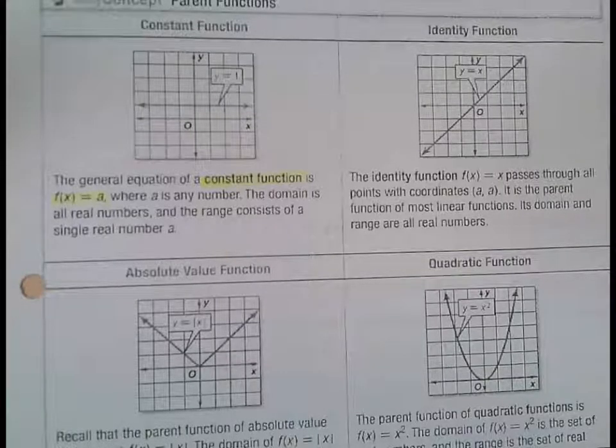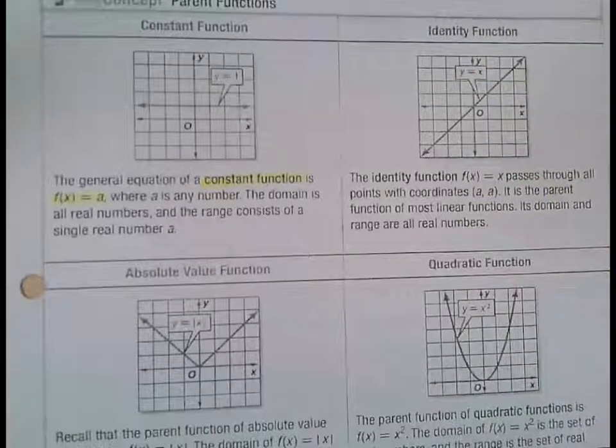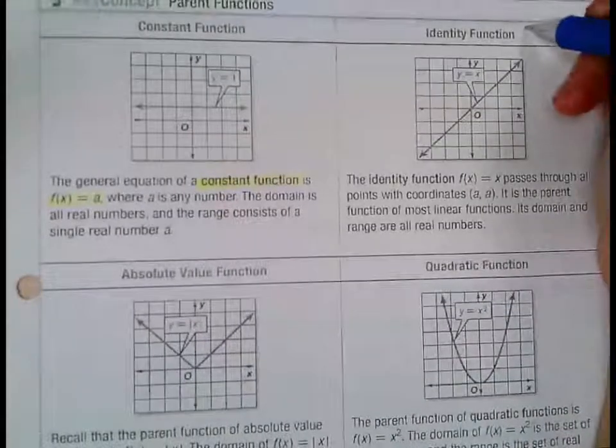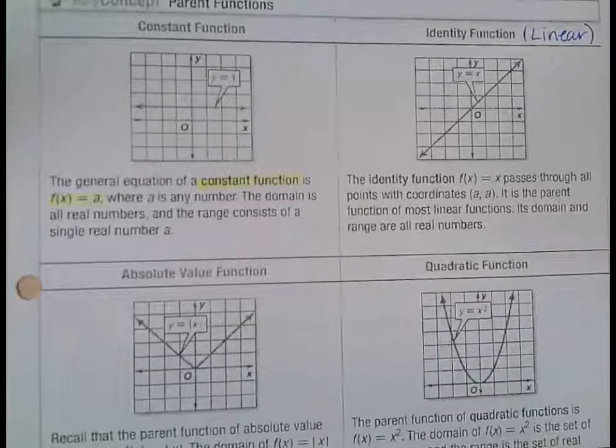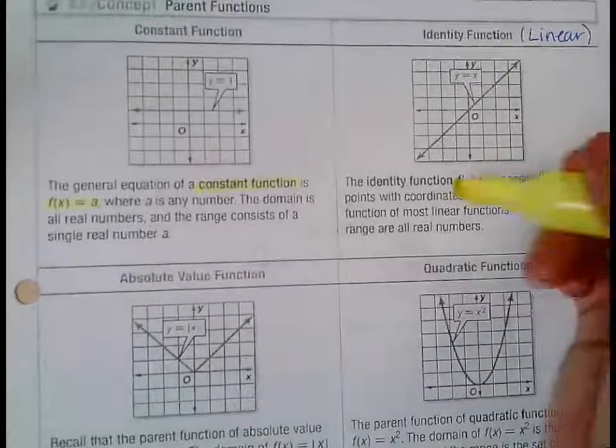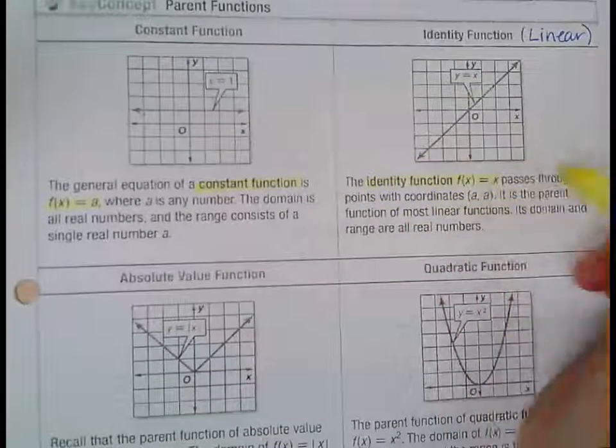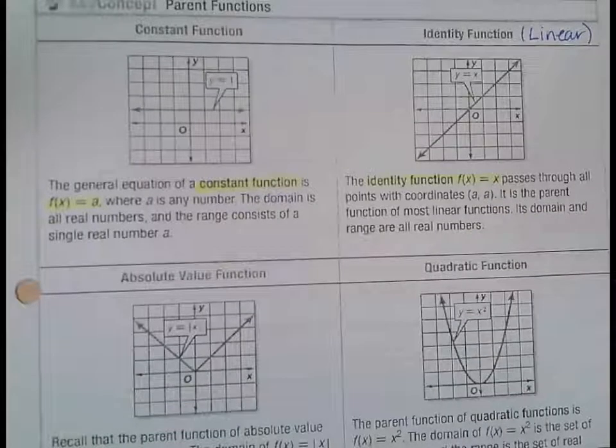So they are linear, but specifically they're all linear with a slope of 0. So then we also have the identity function, which also is linear. This is mainly what we're going to focus on for those functions that are linear. And the identity function is the function f of x equals x, or y equals x.